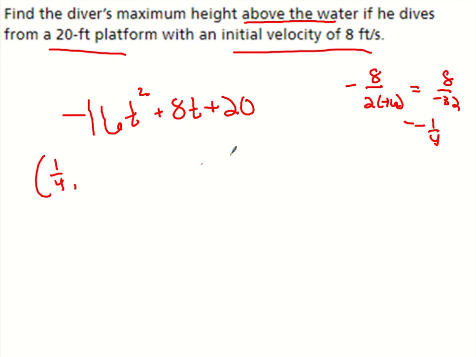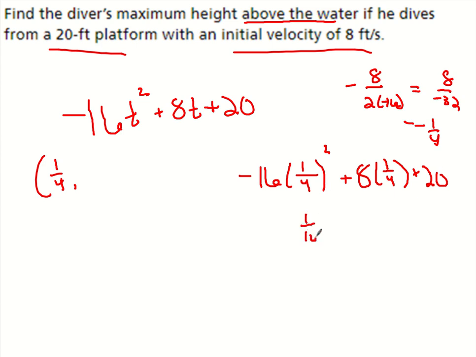Now I got to plug in 1/4 here, so I can find out the maximum height. So that's going to be negative 16 times 1/4 squared, plus 8 times 1/4, plus 20. 1/4 squared is 1/16 times negative 16.